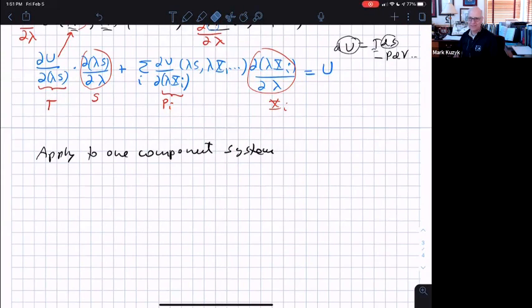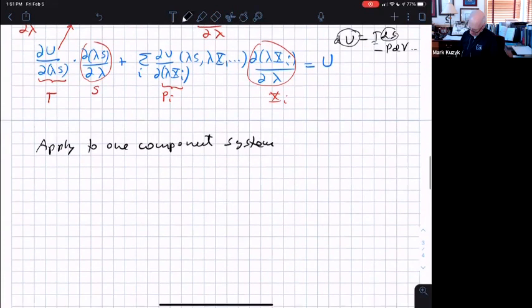Okay, good. So now when I put it all together, I'm going to get from this side of the equation u equals this times that, TS minus PV plus mu N. That's pretty awesome.